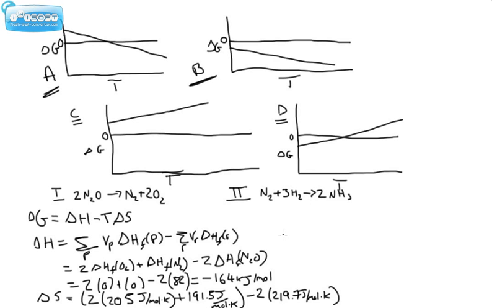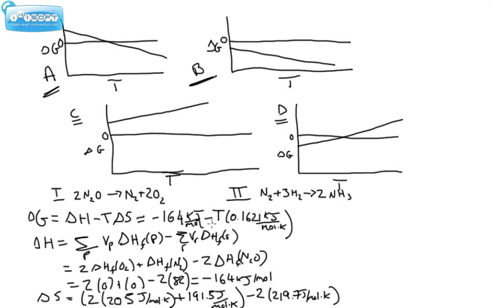Subbing these numbers into this equation, we have that delta G is equal to minus 164 kilojoules per mole minus T times 0.1621 kilojoules per mole Kelvin. I converted the units of delta S to kilojoules from joules.